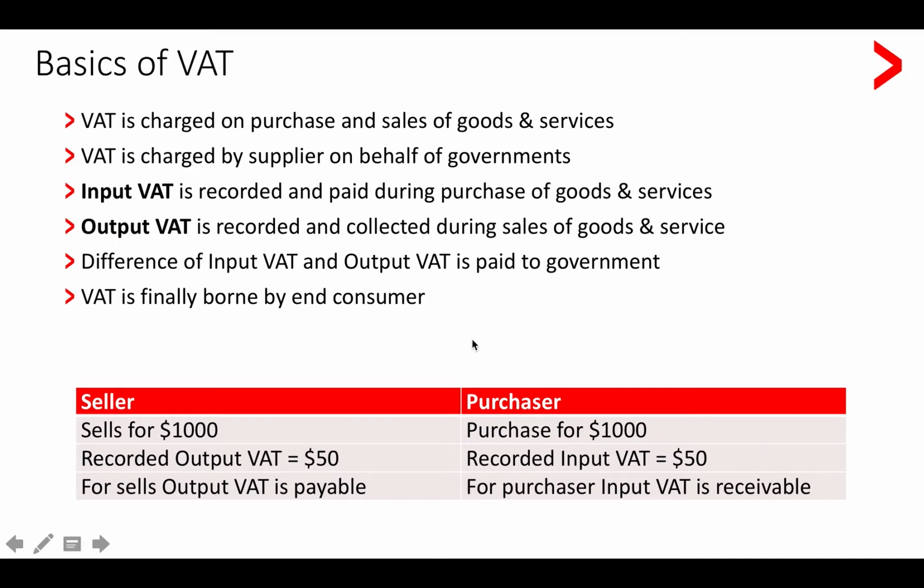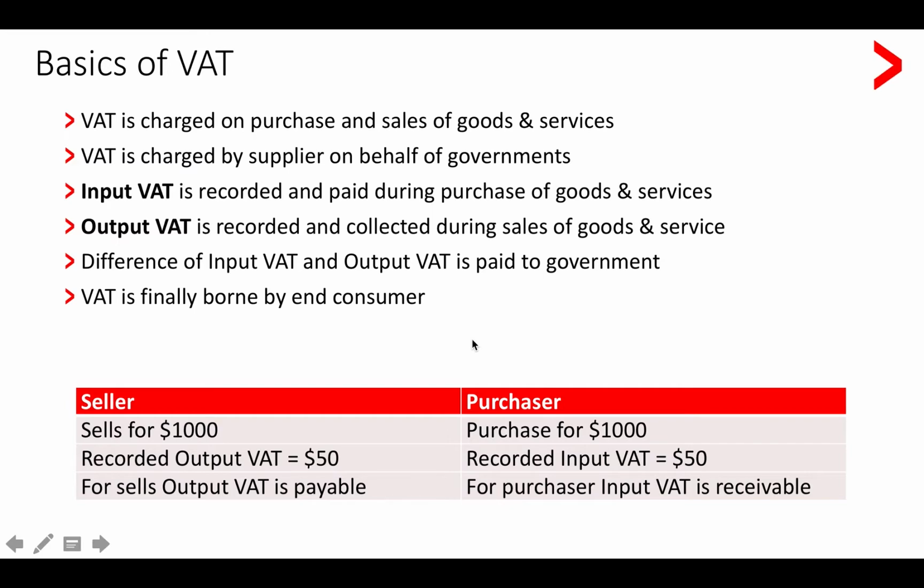So let's take an example where we have a seller and a purchaser. The seller sells the goods for $1,000, and if the VAT percentage is 5%, the recorded VAT as an output VAT will be $50. At the same time, when the purchaser purchases goods for $1,000, the recorded input VAT will be $50.